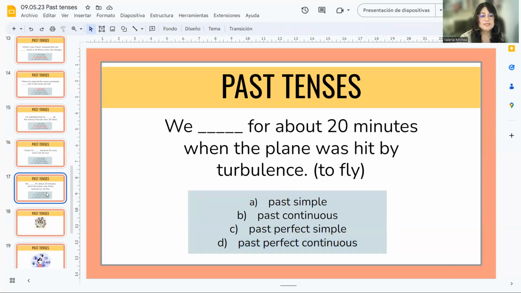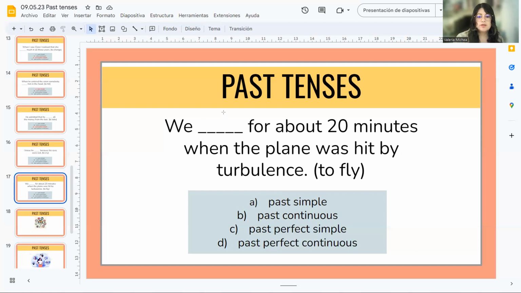We have the last one. Let's go with this one. What do we have here? We fly for about 20 minutes when the plane was hit by turbulence. So let me relaunch this and see what happens. Let me mark one action.